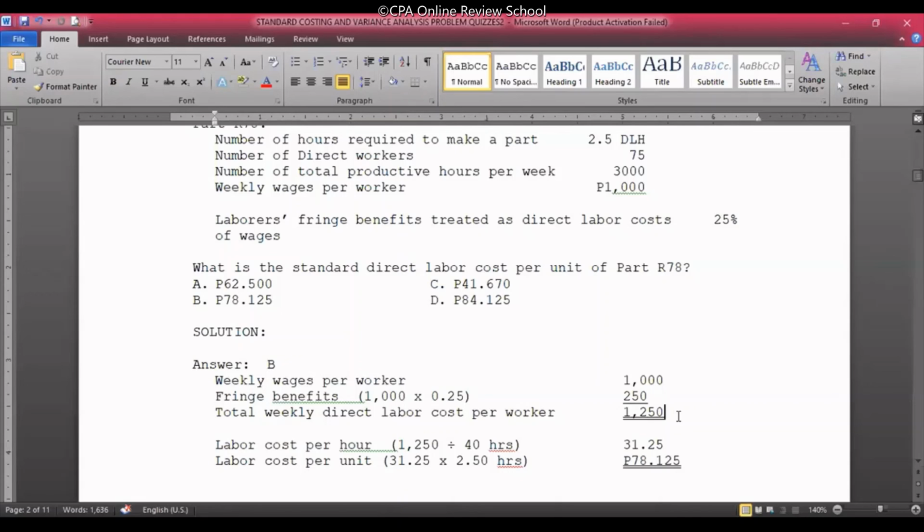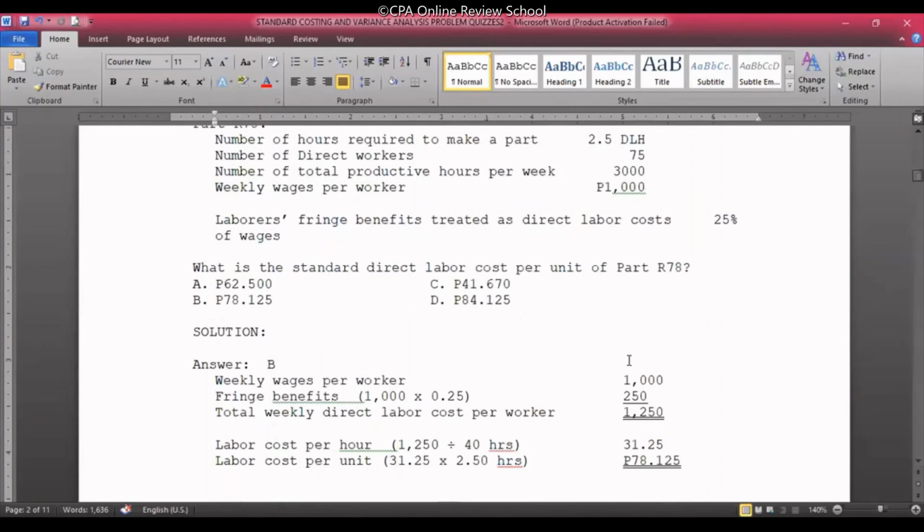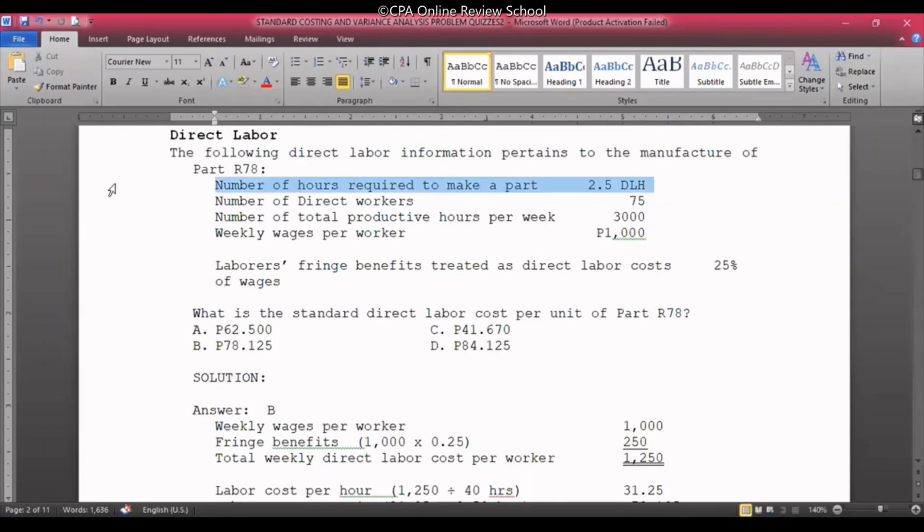Okay. Ano ang labor cost per hour mo? 1,250 divided by 40 hours. And then, direct labor cost per unit is 31.25 times 2.5 hours. Etong 2.5 hours, nabanggit siya dito kanina. Yun na yung mismong standard hour niya in making your part.